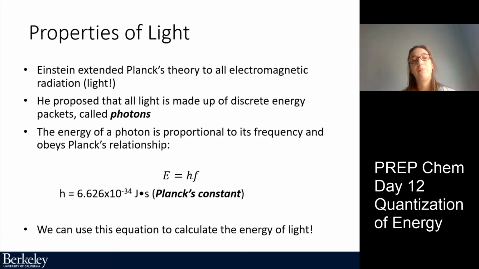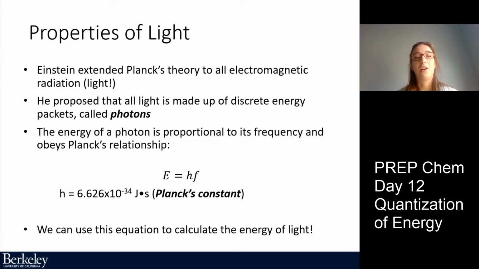So Einstein then extended Planck's theories to all electromagnetic radiation, such as light. He proposed that all light is made up of discrete energy packets called photons. This is pretty similar to the word Planck had previously used, quanta. Photons are just energy packets of light. So if the coin example is helpful, think of photons as small little packets of light.